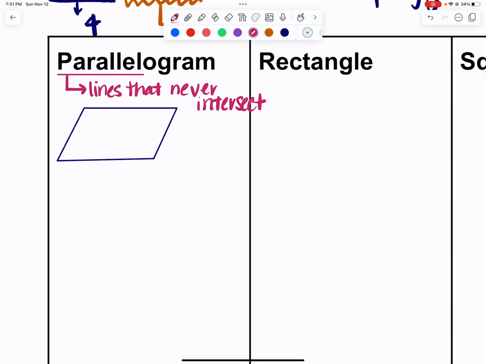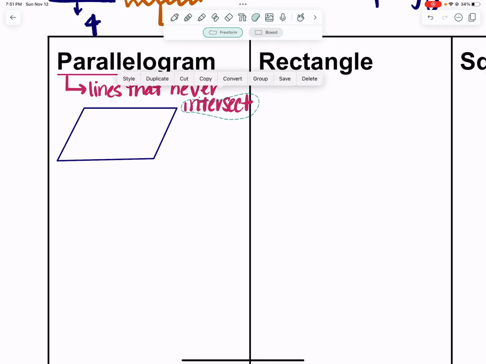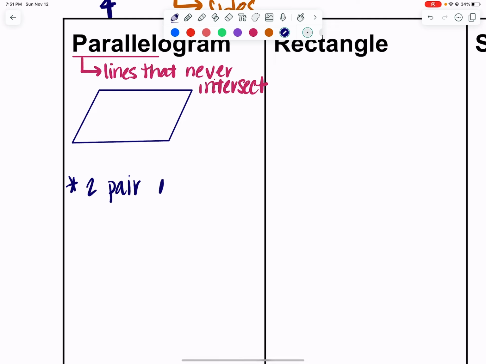And while that is not quite the right definition for parallel lines, it's good enough for what we're going to do here. In a parallelogram, in order to be in the parallelogram club, you have to have two pairs, two pair of parallel sides.